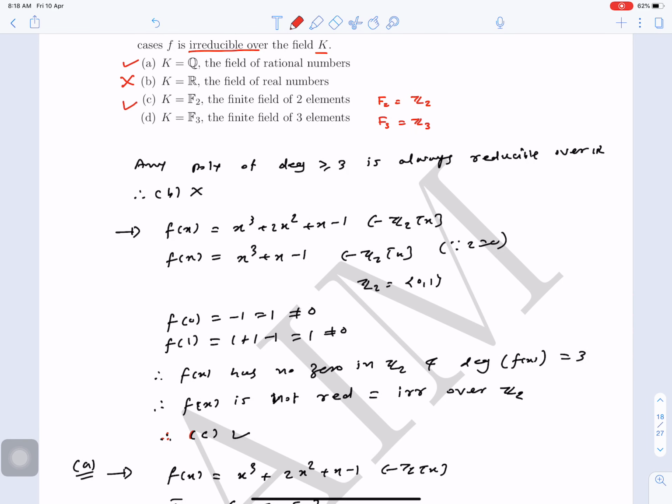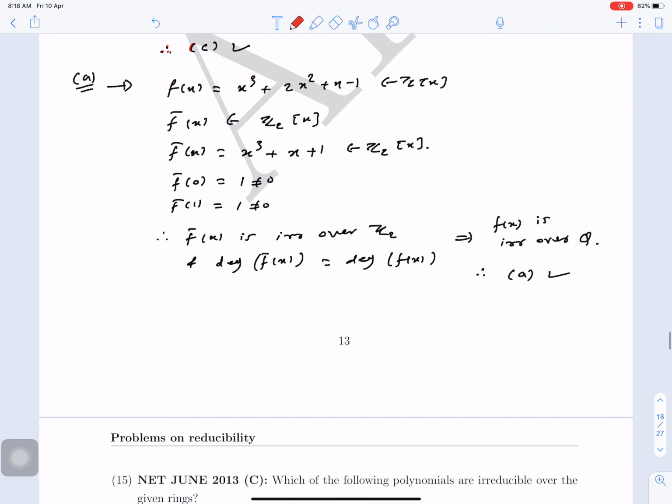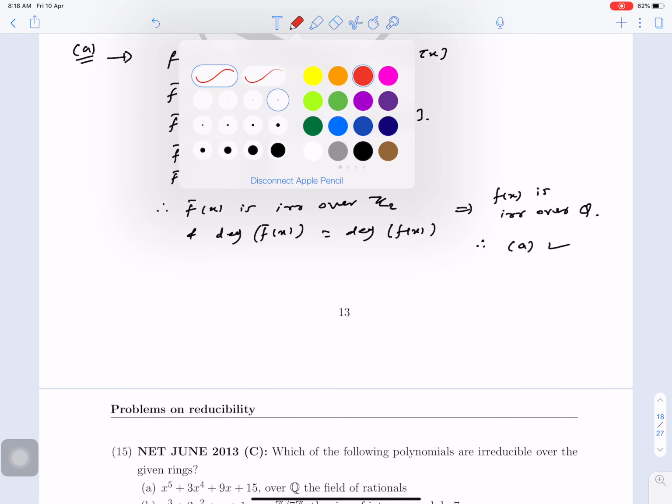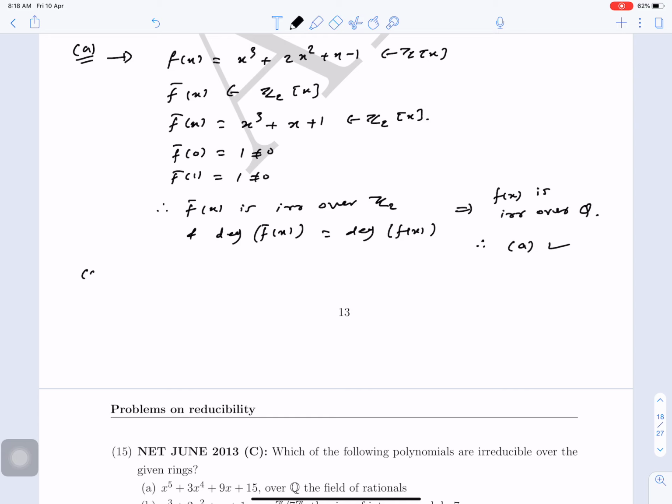Now option D. For option D, f(x) is equal to x cube plus 2x square plus x minus 1, which belongs to Z3[x].